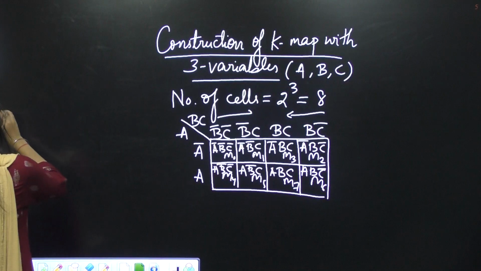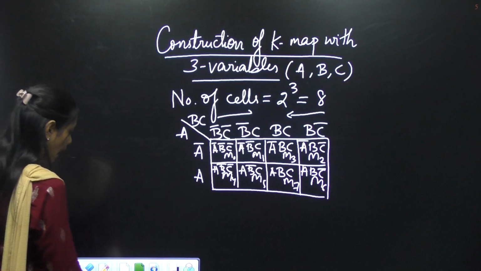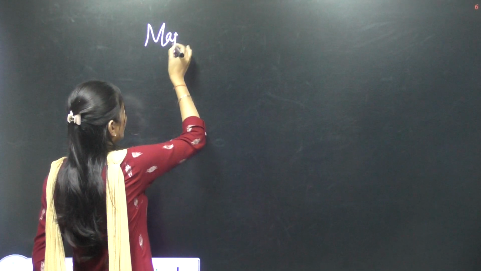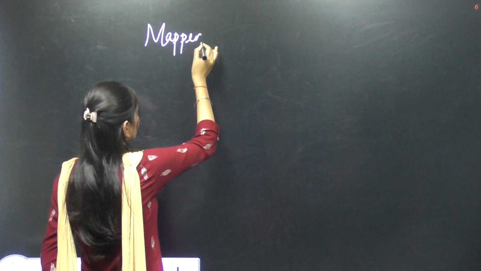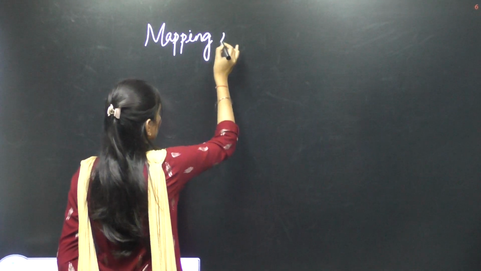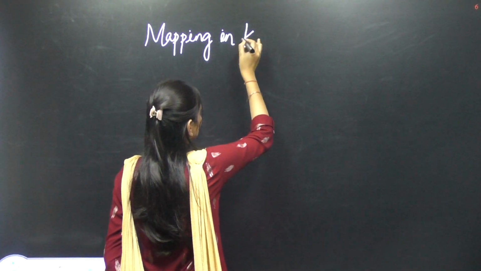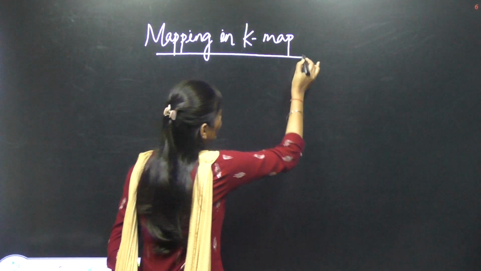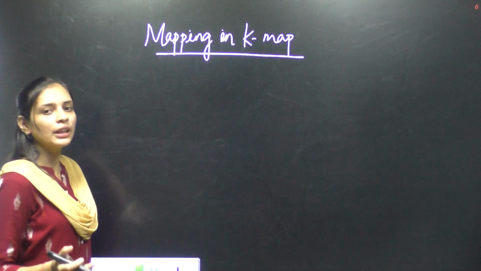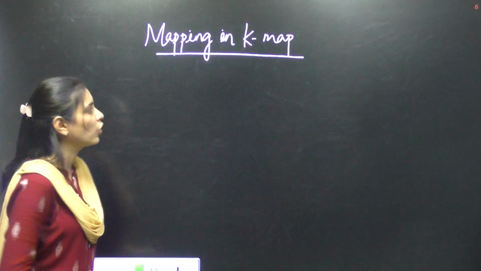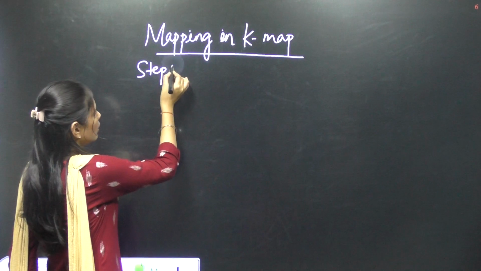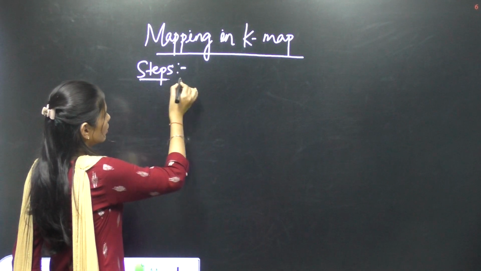So let us know about the mapping in the K-map. The second point is mapping in K-map. How is the K-map mapped in order to get the minimized Boolean function? Let us know the steps used for mapping.